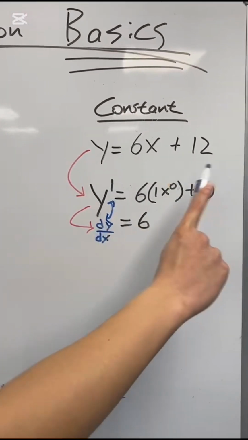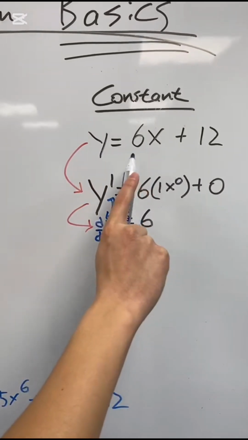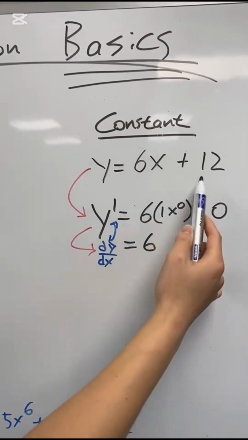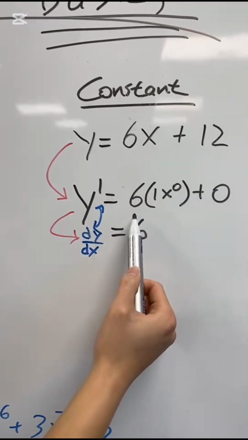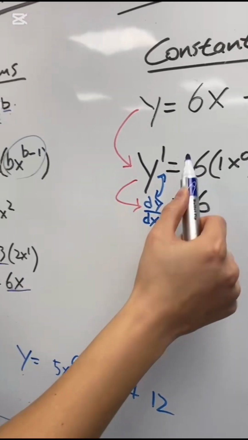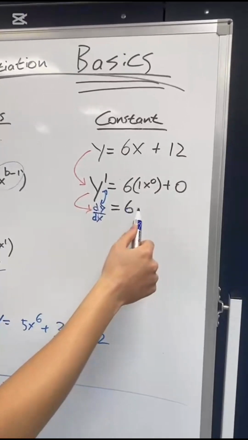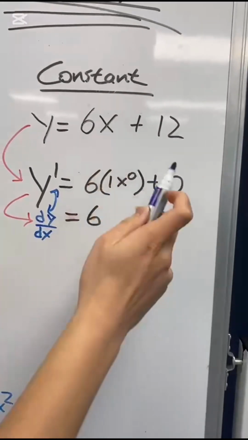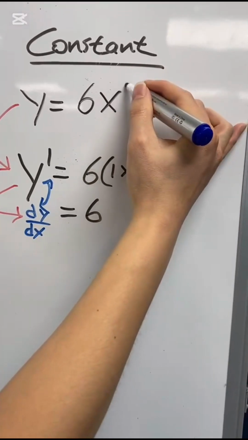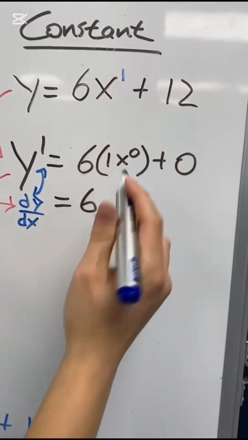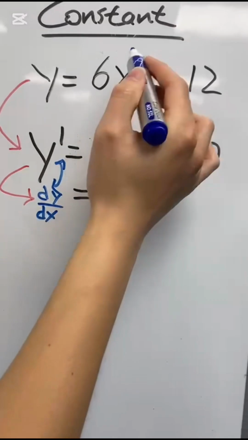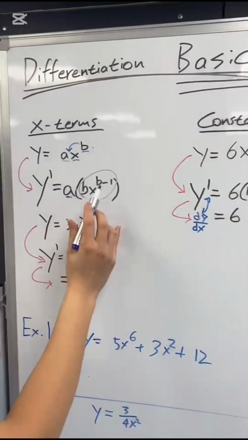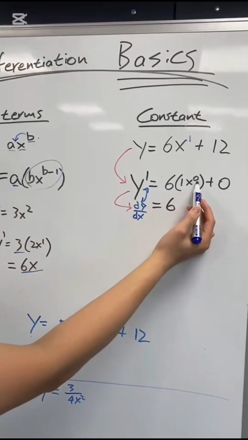Back to the topic, so y equals 6x plus 12. How we're going to differentiate that with the constant is like this. As we talked about before, with the 6x, we just do the same set of rules right here. 6x would be 6 times x to the power 1, but I didn't write it there because it's just 6x. So 1 minus 1 is equal to 0.